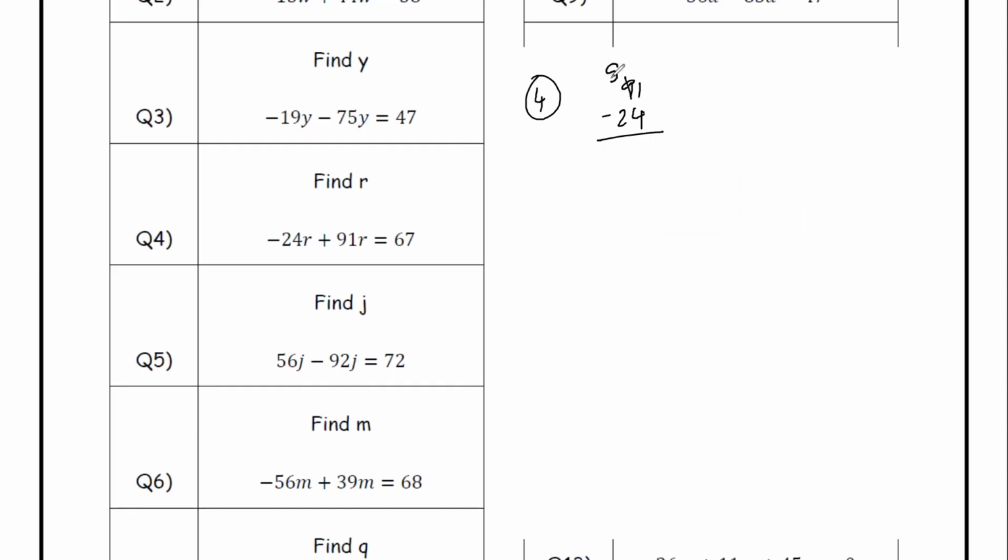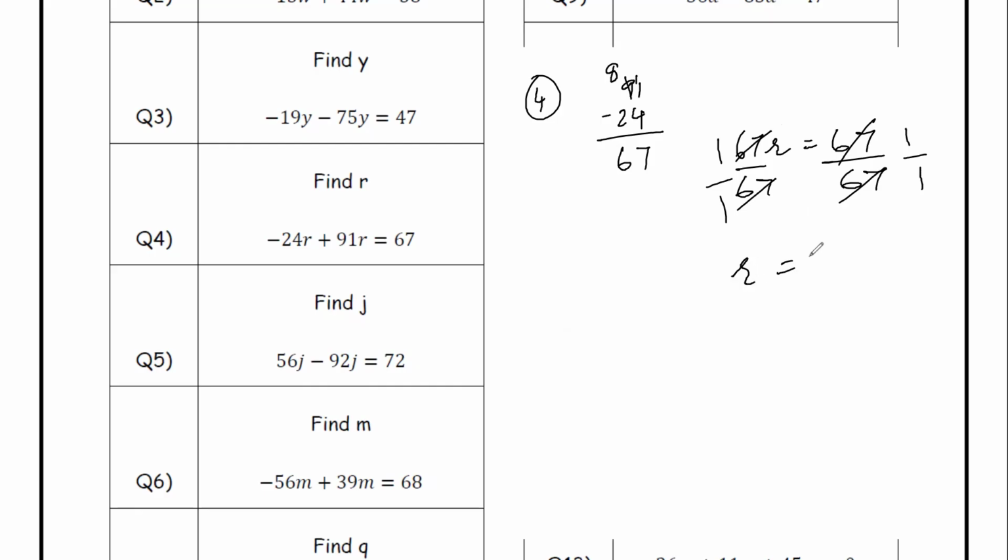We borrow 1 from 9, got 7 here, 67. So it is positive 67r, which is equal to 67. Very simple, divide both sides by 67. You go 1 by 1, 1 by 1, and that's the same thing as r is equal to 1.